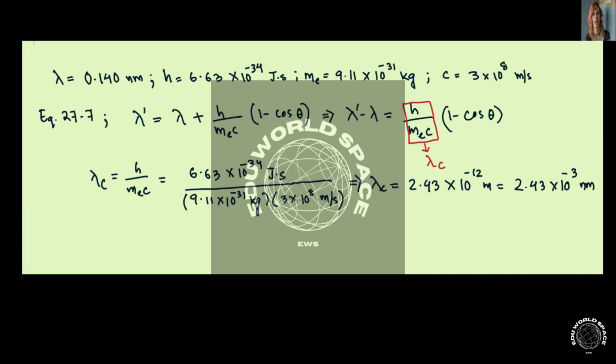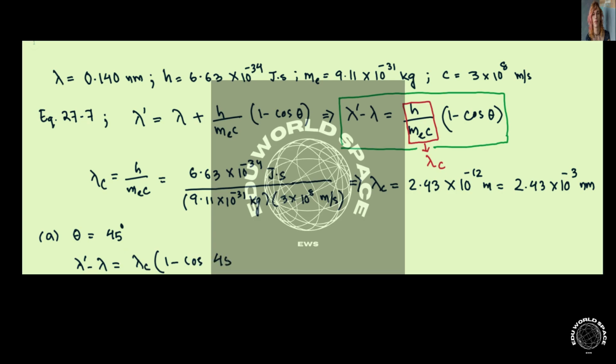Now let's do part A first. So for part A, theta is given to be 45 degree. So we will use this equation now, taking the value of lambda c to be what we found here. So lambda dash minus lambda is lambda c times 1 minus cos of 45 degree.